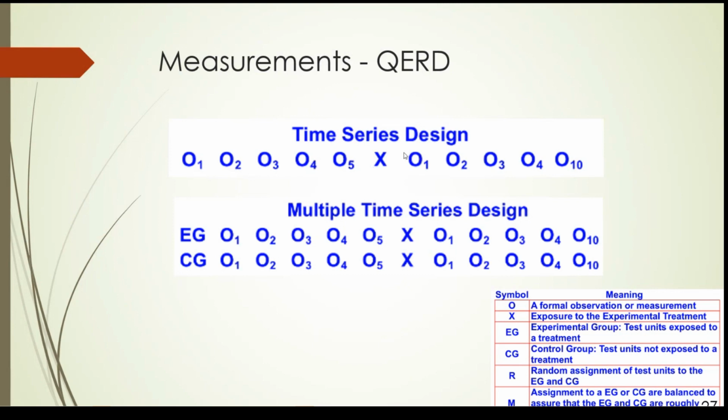Then you introduce intervention or treatment. Then you observe again after the treatment every week. Observation 1, 2, 3, 4 after the treatment, and see any changes or not. Or if you have slightly more people, then you can have one control group and one experimental group. Again, the same thing, just that you have a control group.